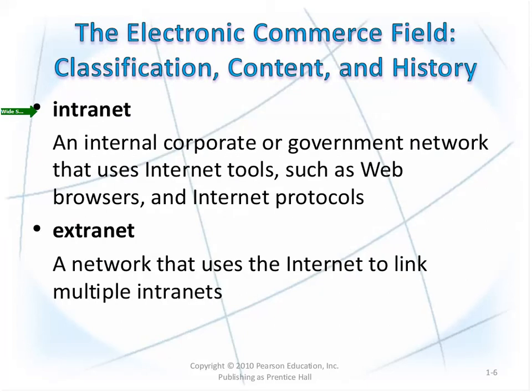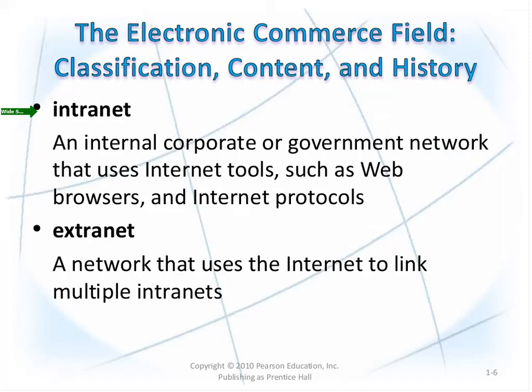You already learned about intranet and extranet. An intranet is an internal corporate or government network that uses internet tools such as web browsers and internet protocols. You remember the definition of intranet and extranet? We had it, I think, in our networking chapter.